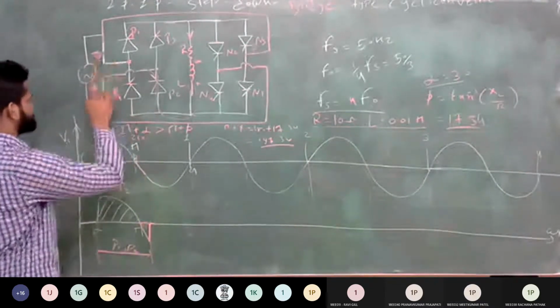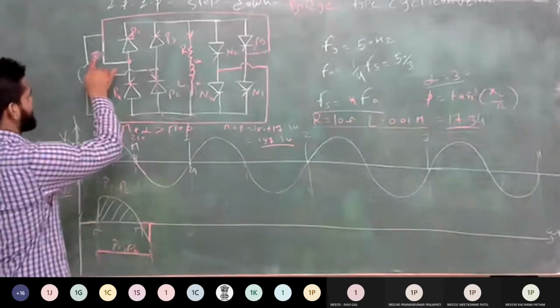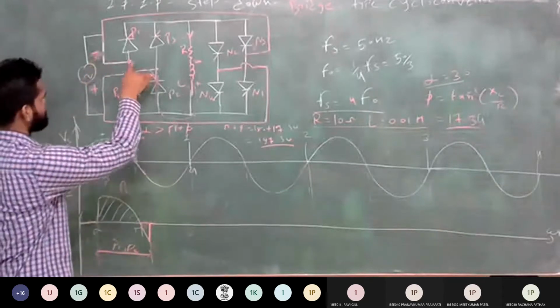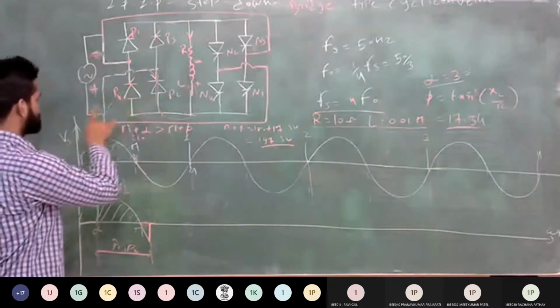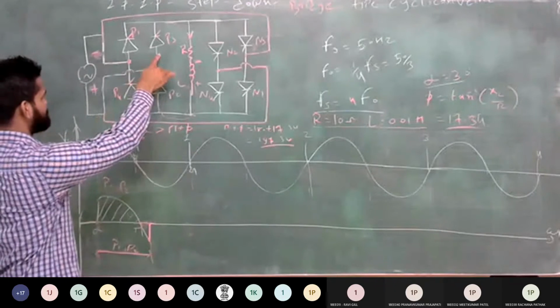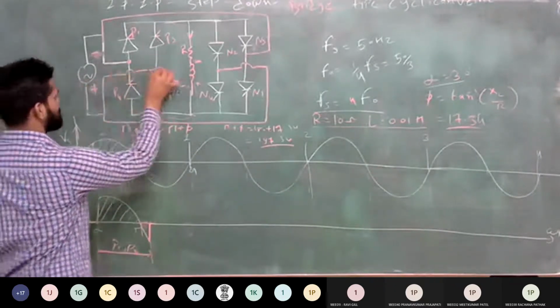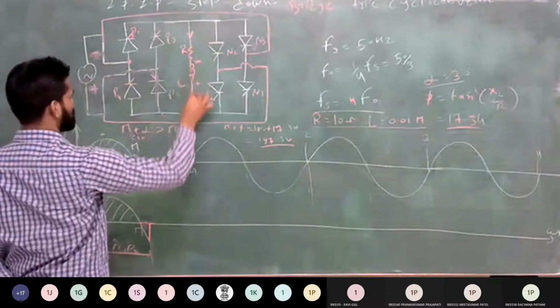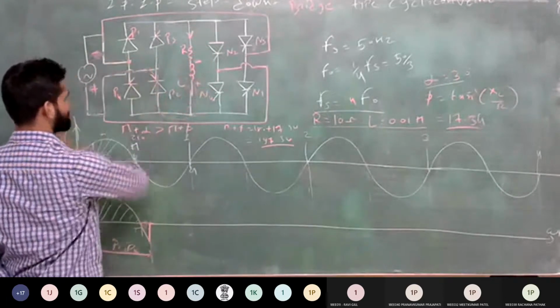The supply is directly minus, plus. So the negative terminal is connected with the cathode of P4 and the positive terminal is connected with the anode of P3. Clear? So current is flowing from positive through P3, load, P4 and the negative terminal.